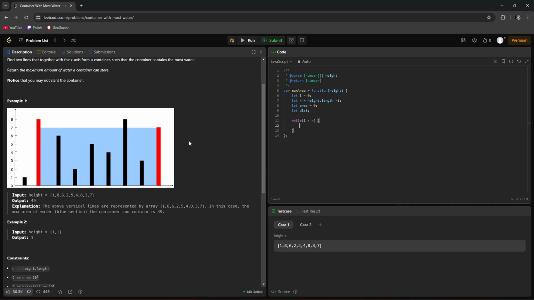Okay. So the distance is going to be the right value minus left.